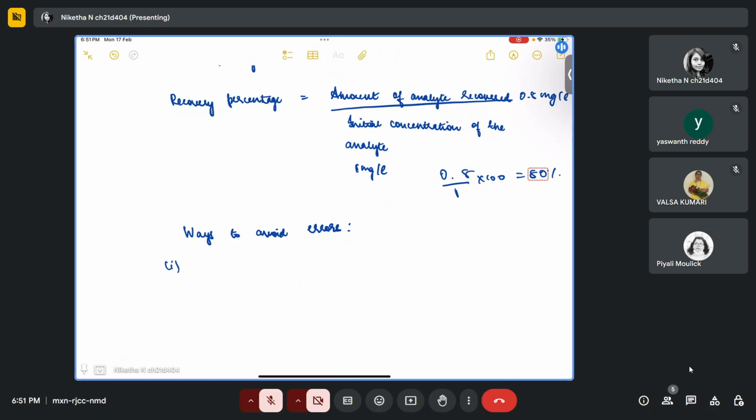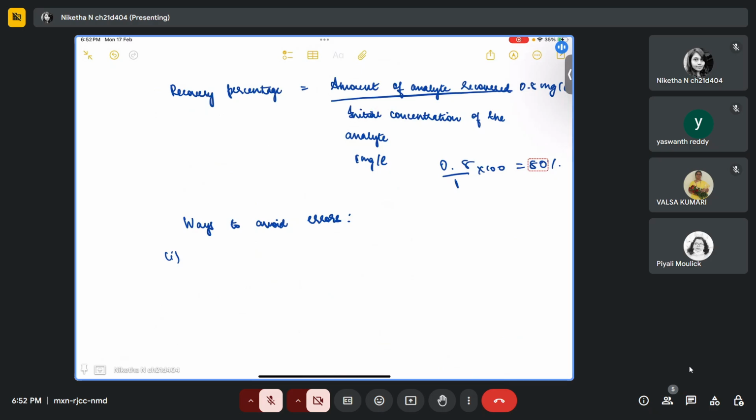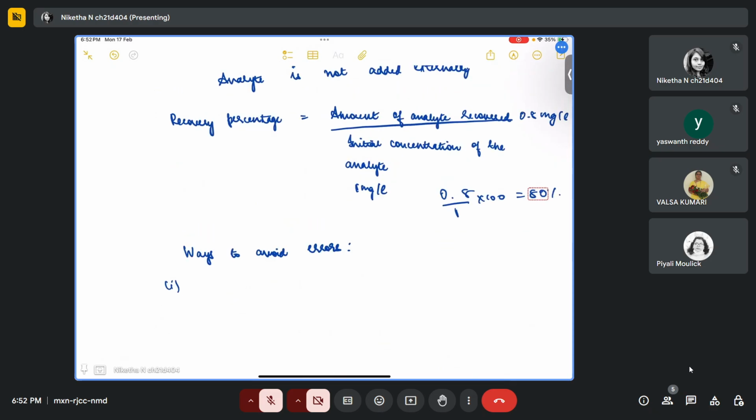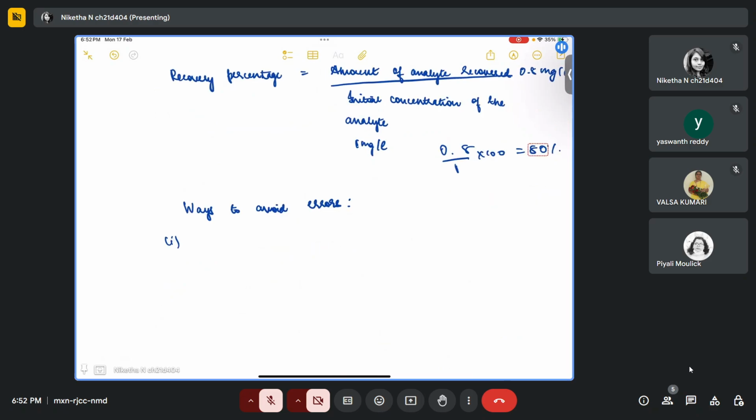So when we have analysis or when we do instrumental analysis also, there are some errors like what we discussed, and there are different ways in which we can avoid those errors. So first one is using correct standards. So if you use proper lab standards, these are also called external standards.